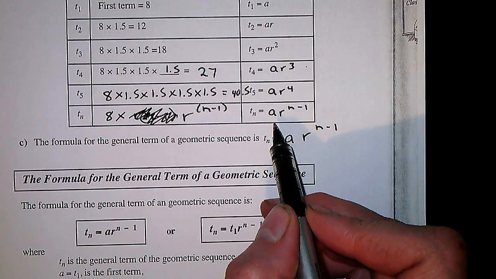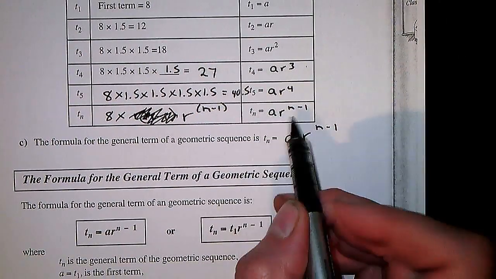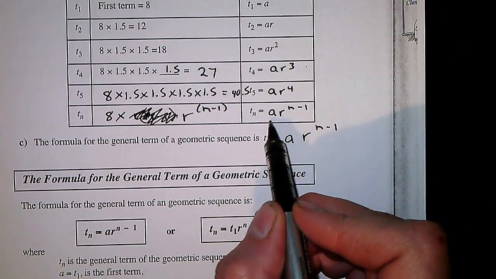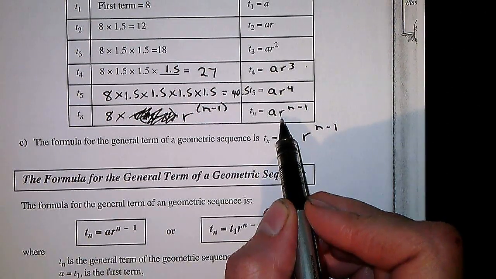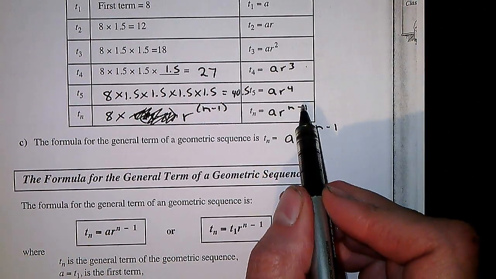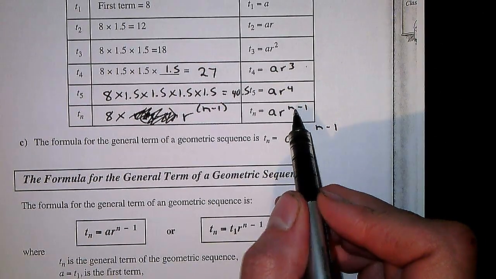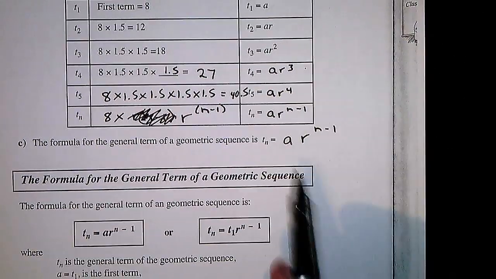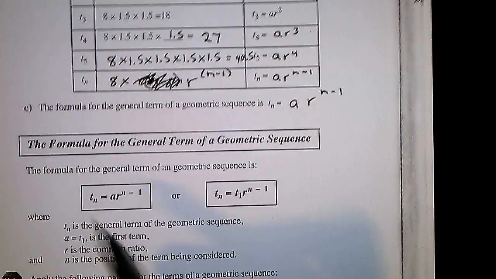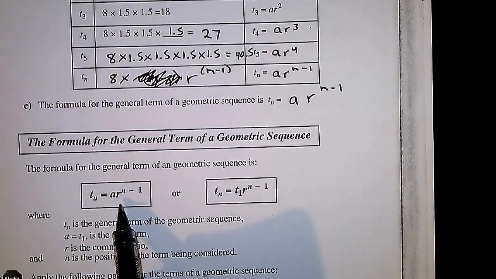This general term has the term is equal to the first term times the common ratio to an exponent of the term number minus 1. So that's what we have here, and that's ultimately what we're given here.